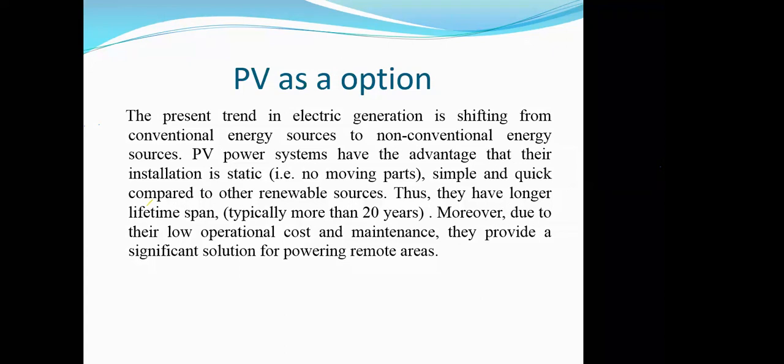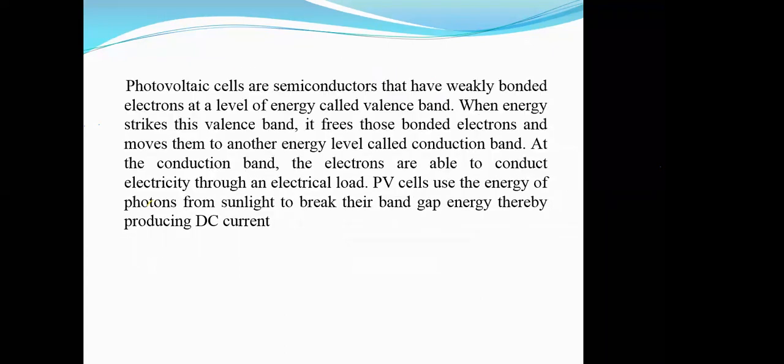So basically, what are photovoltaic cells, which you have seen in the figures previously? Photovoltaic cells are basically semiconductor materials which have weakly bonded electrons, and when the solar energy strikes the valence band, the electron jumps from one band to another band, and the electron flows.